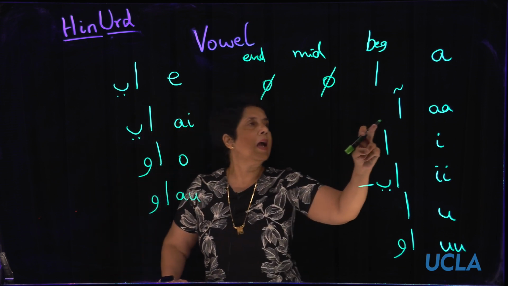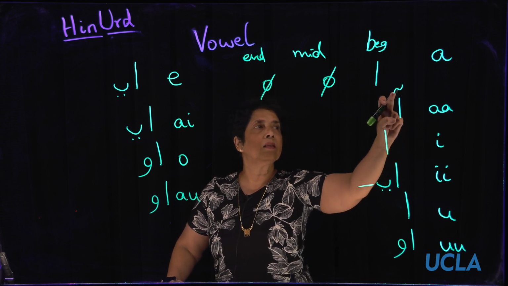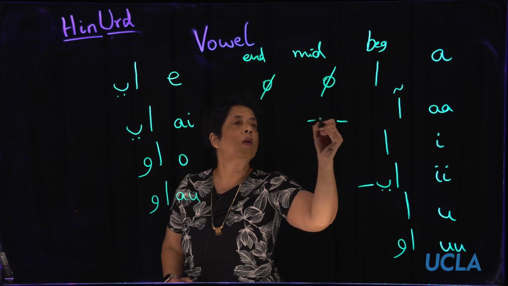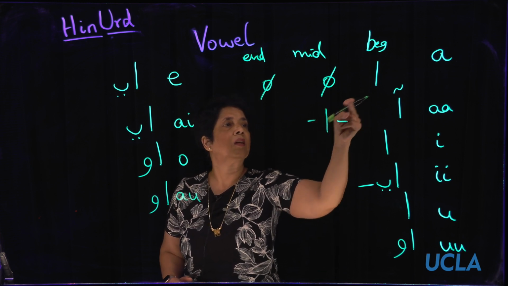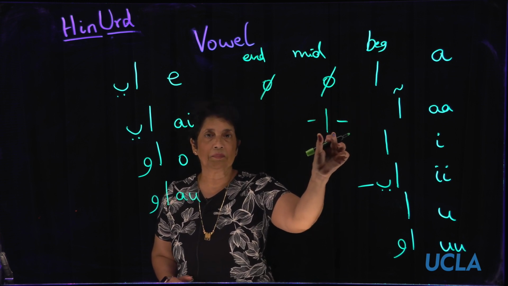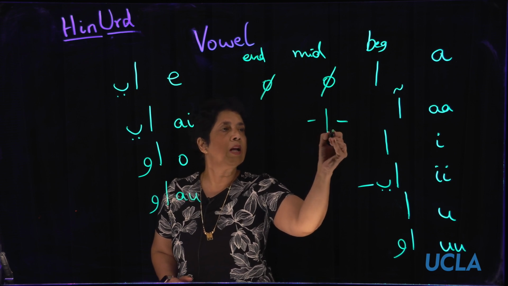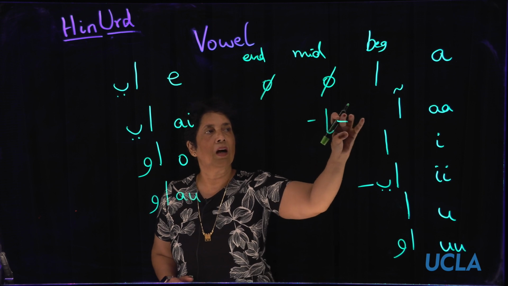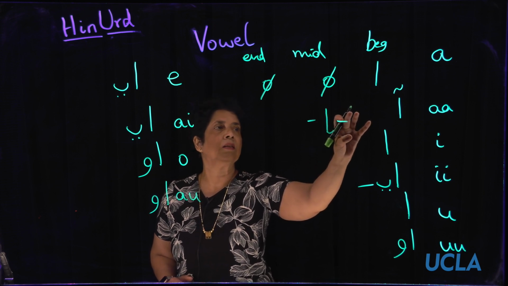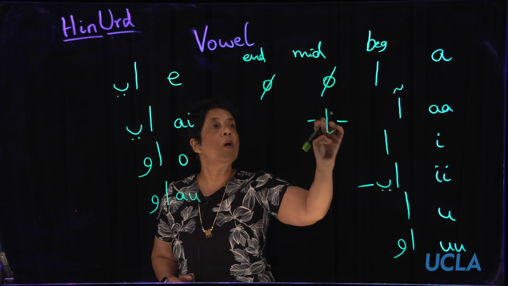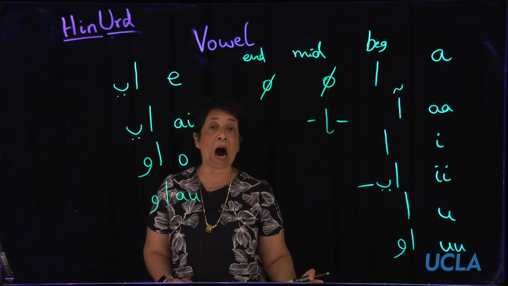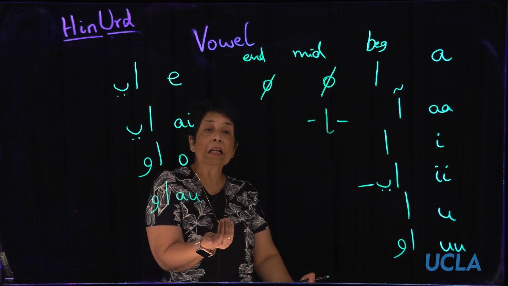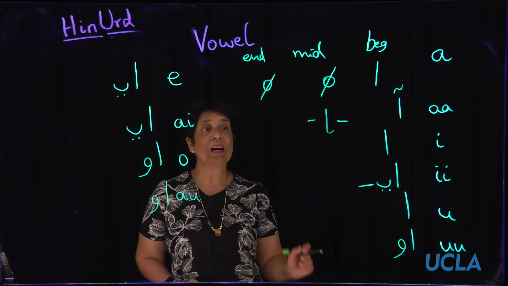Now, if we begin a word with aa, we put a tilde on top of it. In the middle, what we do is we have this symbol. I'm putting this loop here to indicate it is attached to something that precedes it. And now it represents aa. So if it does show up in a word in the middle, that's an aa.